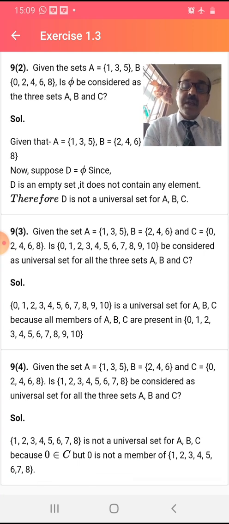Nine, part 4: A equal to 1, 3, 5, B is 2, 4, 6, C is 0, 2, 4, 6, 8. Okay. So can 1, 2, 3, 4, 5, 6, 7, 8 be considered as a universal set for all the three sets A, B, C?